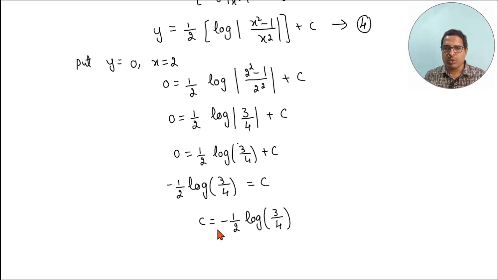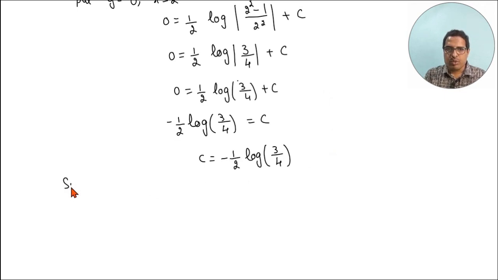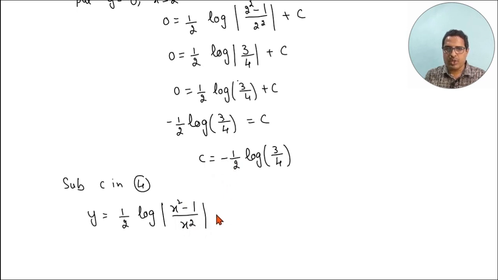Now just substitute this value of c back over here in equation number 4. So we get y to be equal to 1 by 2 times of log of mod x square minus 1 divided by x square plus c. So c value is minus 1 by 2 times of log of 3 by 4.